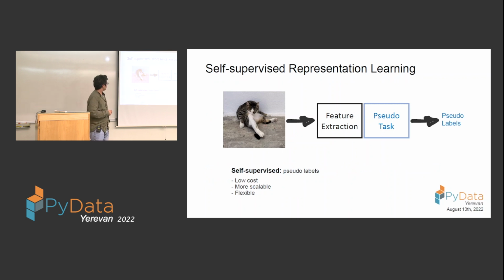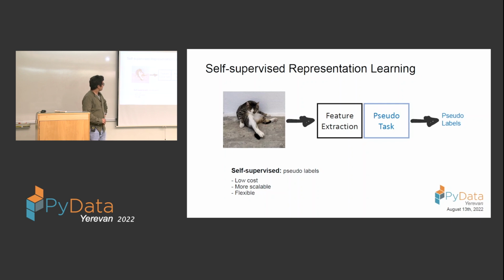There is something else called self-supervised representation learning. To get familiar with it, we are actually using some pseudo tasks. Let's say we are generating some fake classifiers which can make fake labels, or pseudo labels.